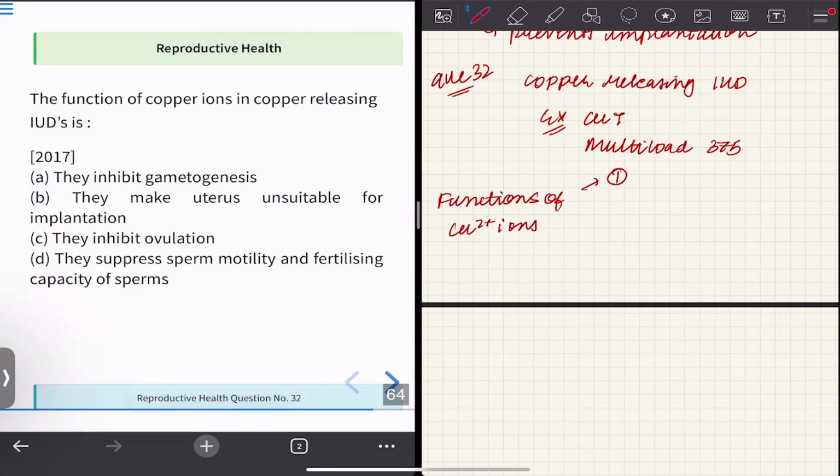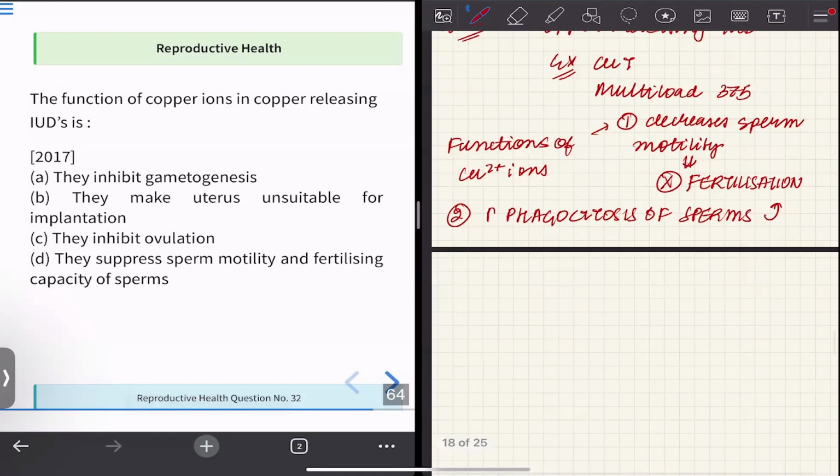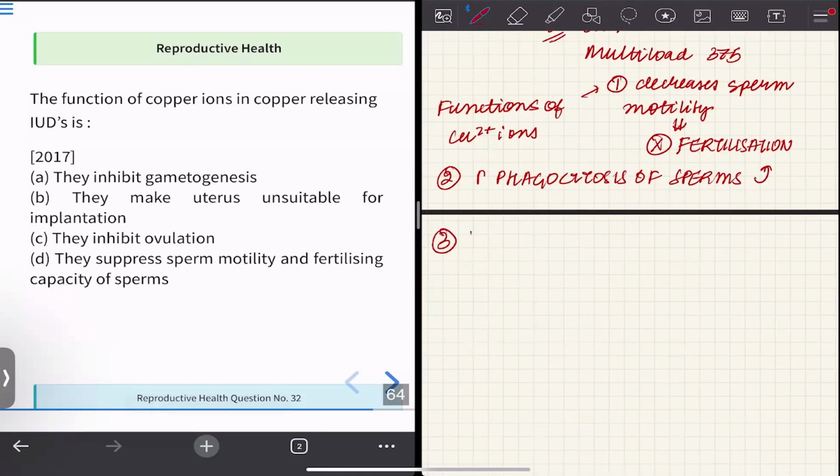First of all, it decreases sperm motility so that fertilization doesn't take place. Second, it increases phagocytosis of sperms, which also results in no fertilization taking place. In case by any chance fertilization takes place, it inhibits implantation. Okay.